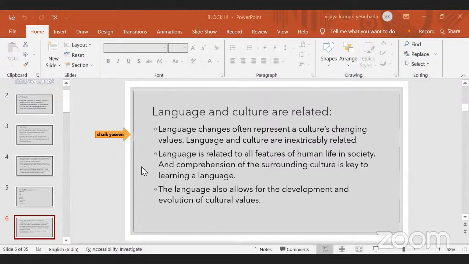And the language also changed, isn't it? The medium is changed and the language pattern is also changed. So language changes culture, and culture changes language. Language is related to all features of human life in society, and comprehension of the surrounding culture is key to learning a language.